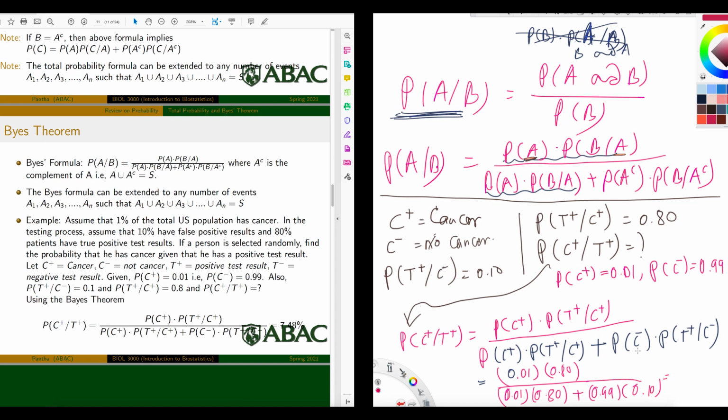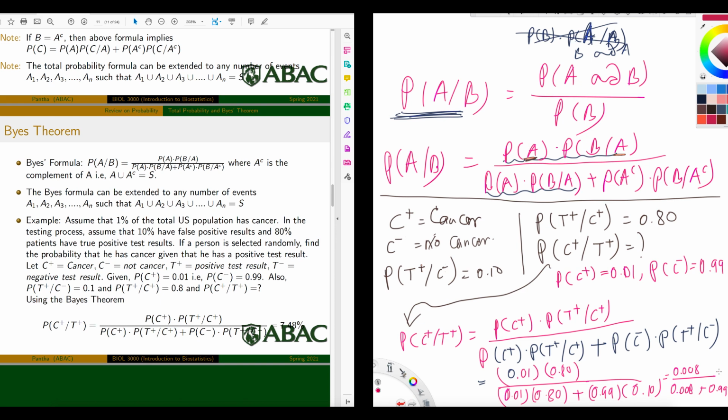So if you do that, what do you get? In the numerator, you will get 0.008, right? Because 0.8 times 0.01. And in the denominator, you get 0.008 plus, how much is that? 0.99 times 0.1.